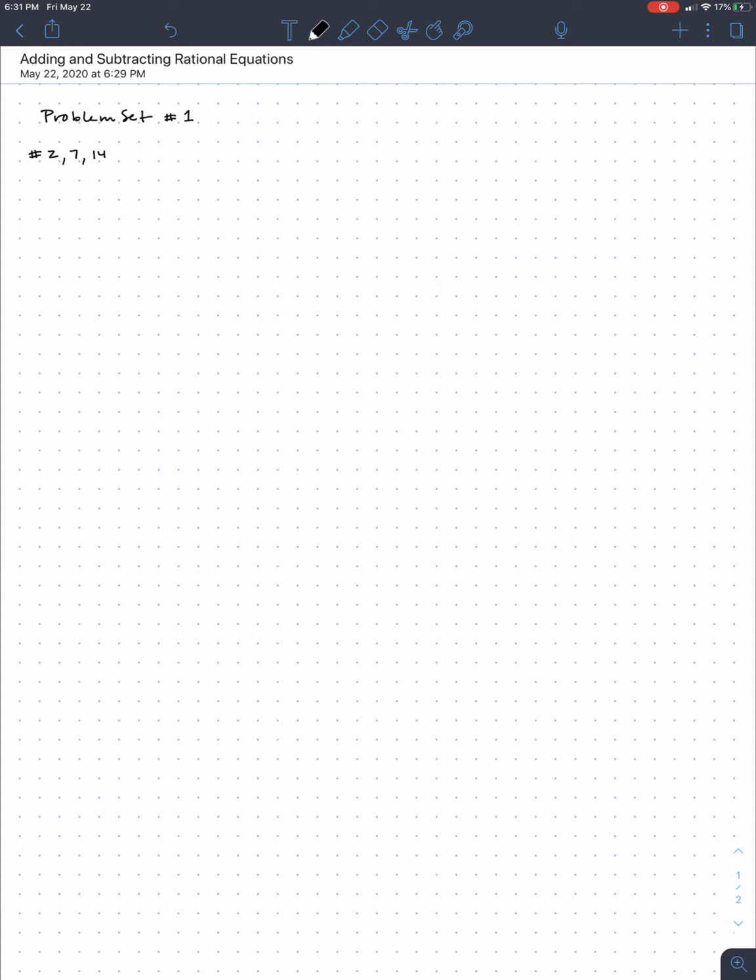So let's start with number 2. The expression that we're given is m minus 3n over 6m cubed n, minus m plus 3n over 6m cubed n.